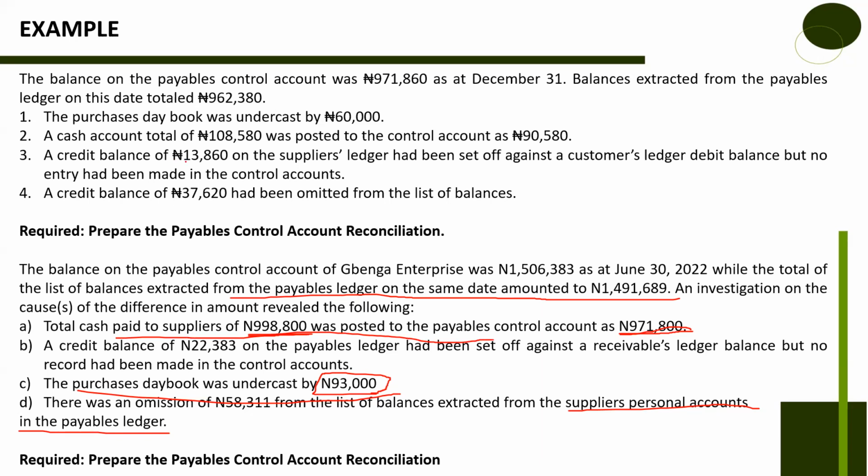A credit balance of 13,880 on the supplier has been set off against a customer, but no entry has been made in the control account. So you can take this and try to solve that.